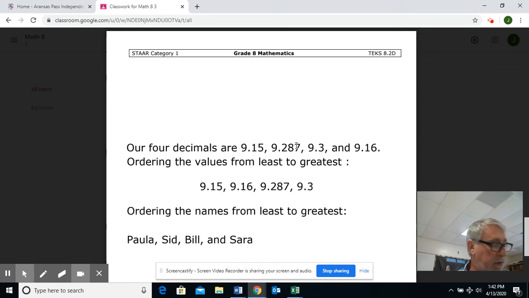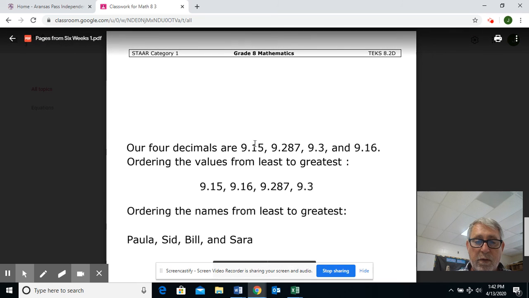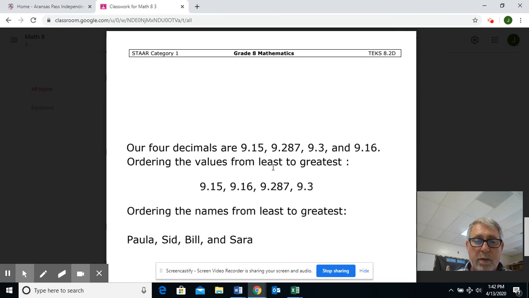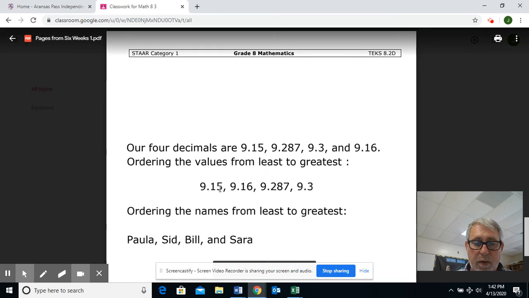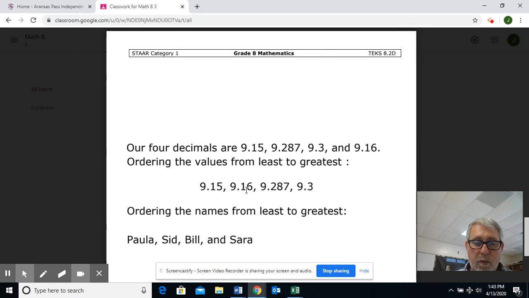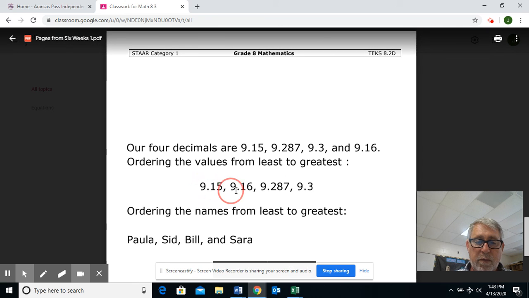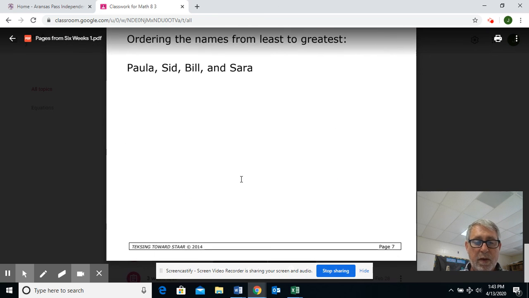That 7's wrong. It should be a 6. Then you just look at the numbers here, and you're going to order them from least to greatest. And then you've got 9.15, 9.16, 9.2, and then 9.3. So this would be the correct order for them.